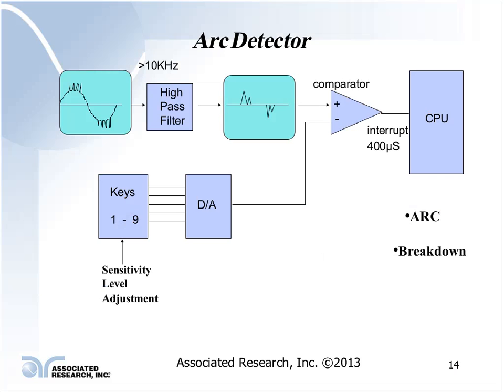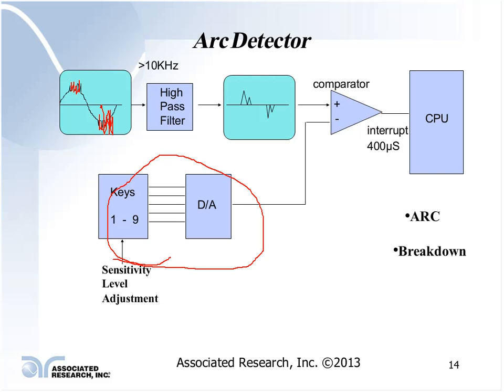The diagram here shows you a little bit how the arc detector works. If you have an arcing condition going on, typically you have the high frequency noise being generated at the peaks of the sine waves, and this is the signal that is fed into the high pass filter, and it only looks at the high frequency stuff that is going off, and if it exceeds the value set on the comparator circuit, then through the sensitivity adjustments down here, we have a 1 through 9 setting, which is roughly anywhere from a 2 to a 20 milliamp peak current level, with 9 being the most sensitive level, which would be around a 2 milliamp peak current level.